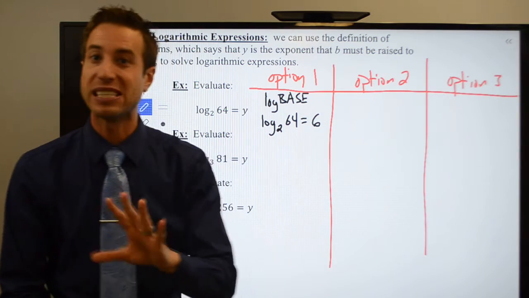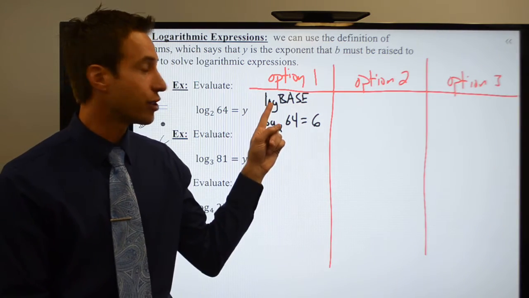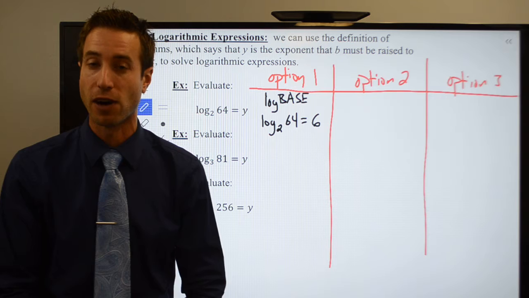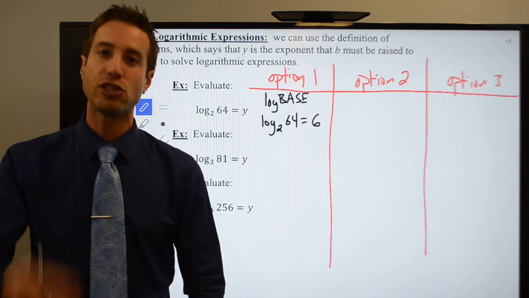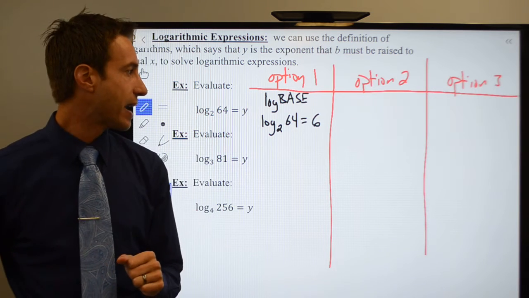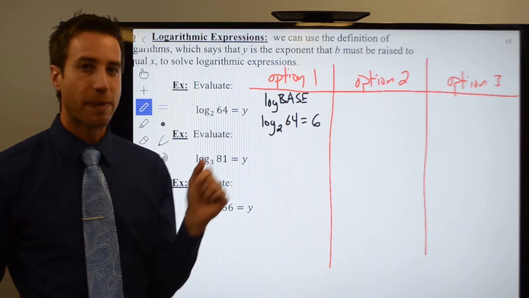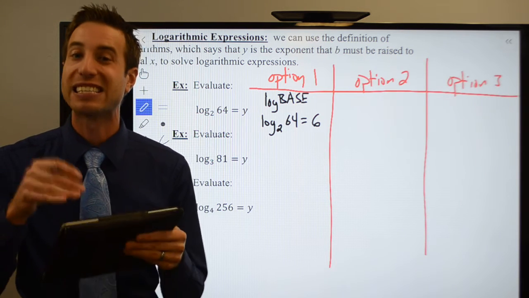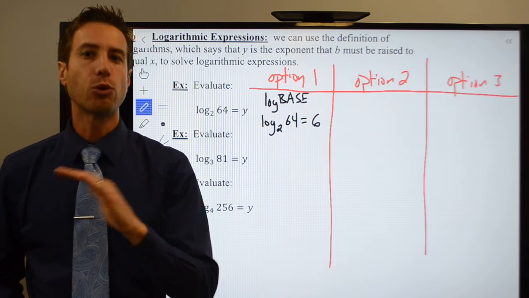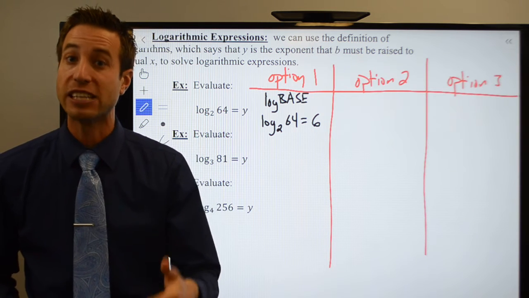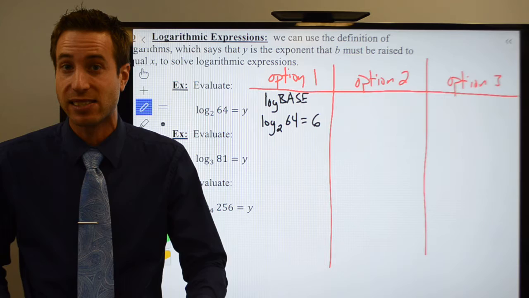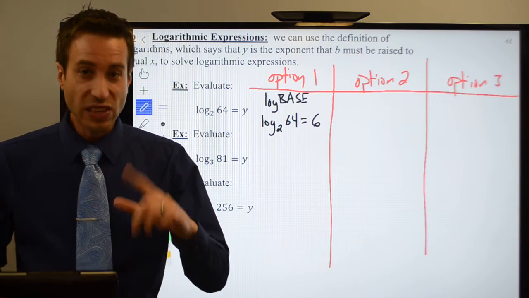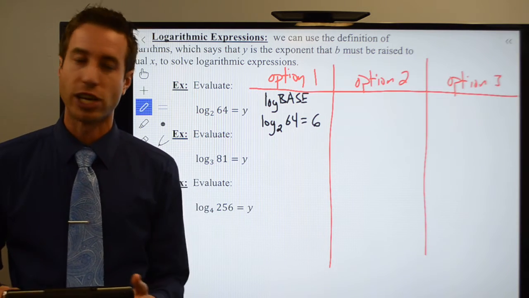The second option is if you don't have the graphing calculator and you don't have that log base function, you'll use the change of base formula. Remember the way that worked. Since this is a log base 2, you can't use the log button on your calculator because that's a log base 10. So we'll just simply convert all of these to a log base 10 expression, and we'll do it using the change of base formula.